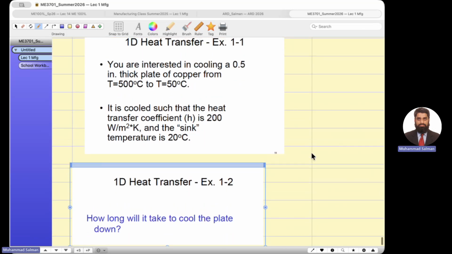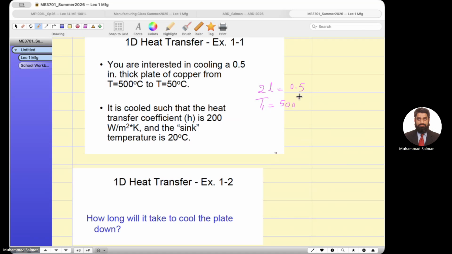You are interested in cooling a plate. The thickness is how much? 0.5 inches, so 2L. A thick plate of copper. The initial temperature is 500 Celsius, and the final temperature is how much?